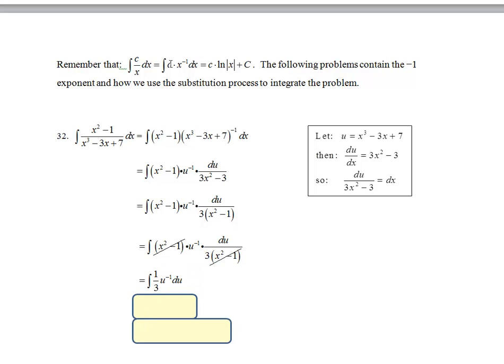Now it's in this form that I had earlier. So I'm going to have 1/3 natural log of the absolute value of u, plus the constant of integration. But doing my substitution, putting back in what u used to be, and there it is. Cool.